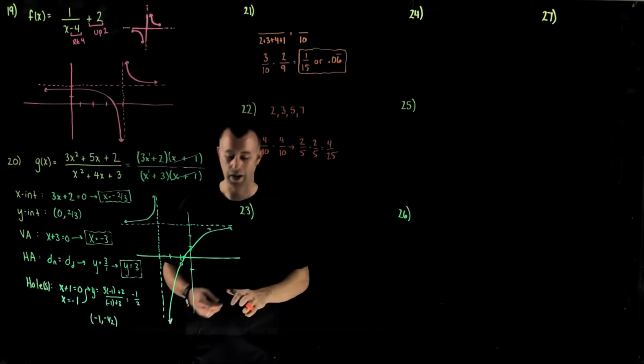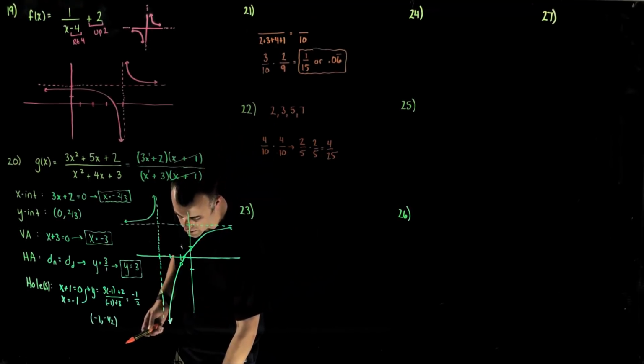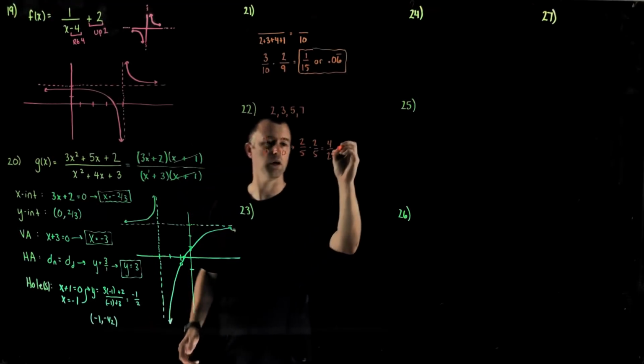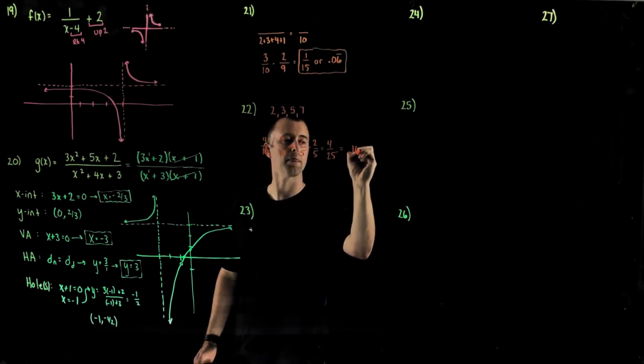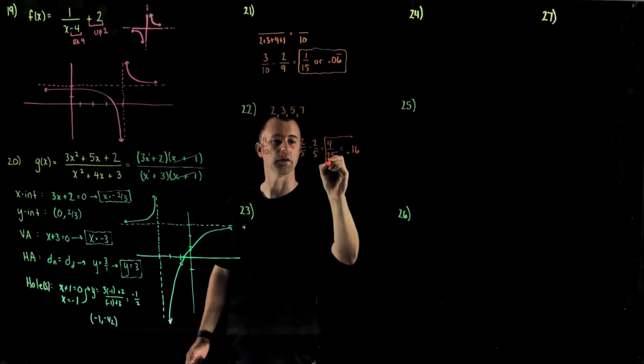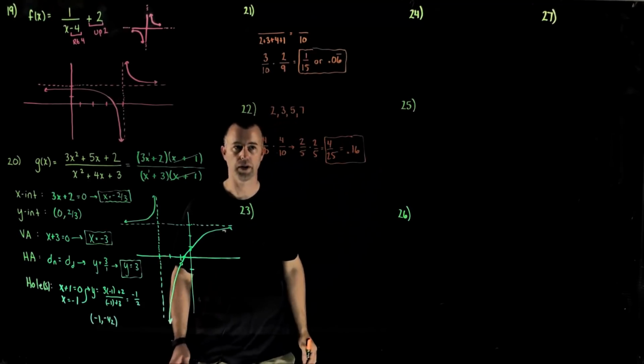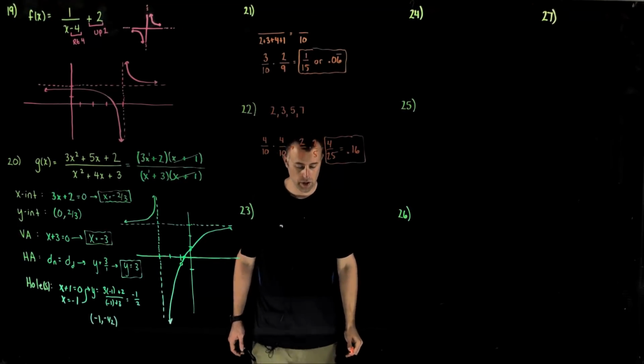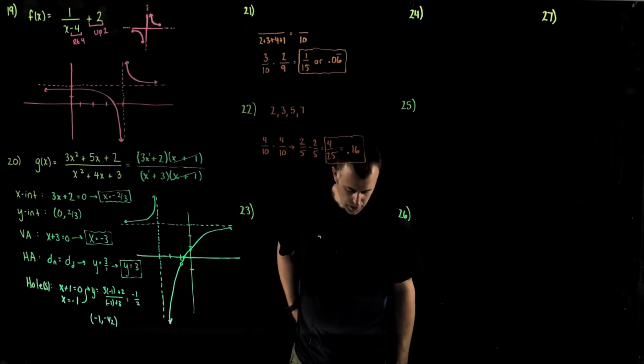As a decimal, that's 0.16. You have a calculator on the test, but still, you can do it by hand. So that's 22.